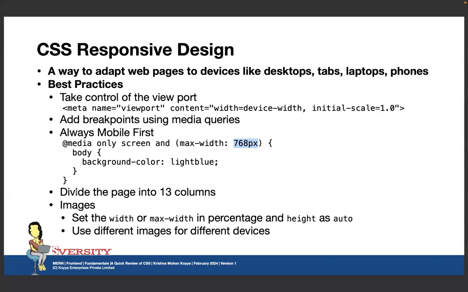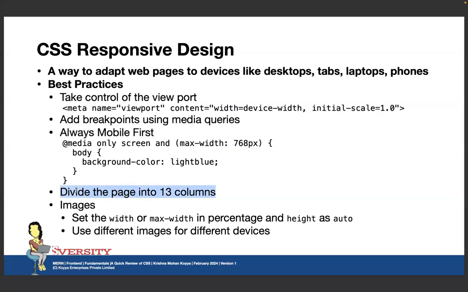Another responsive design practice is to divide the entire page into 12 columns and then arrange them appropriately depending on your device. If your device has a huge width, then all these columns may appear one after another in the same horizontal fashion. If it is a mobile device, they may appear one below the other.